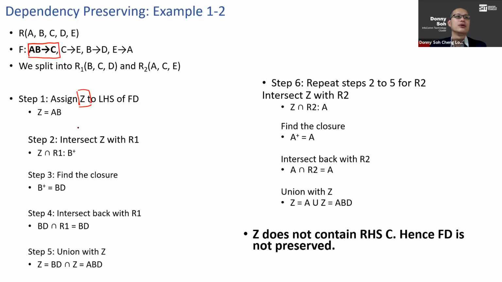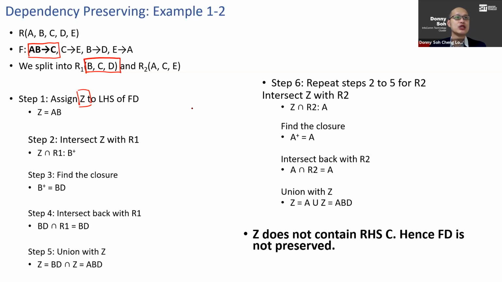After that, we intersect Z with R1, which is B, C, D. Essentially, what we are trying to see is whether any of the attributes from the left side of my functional dependency are in my table or not.